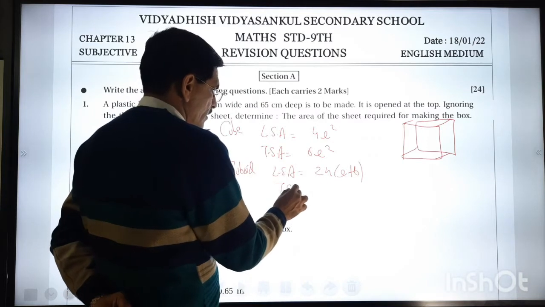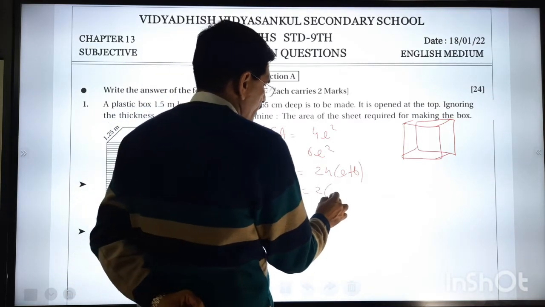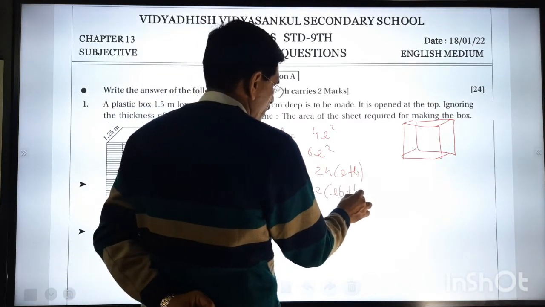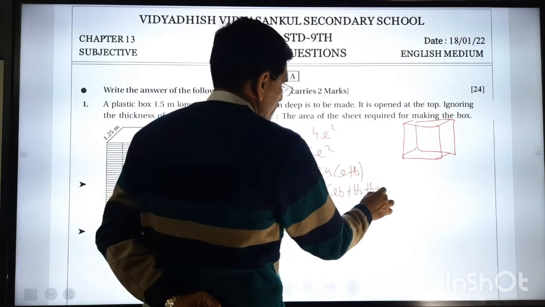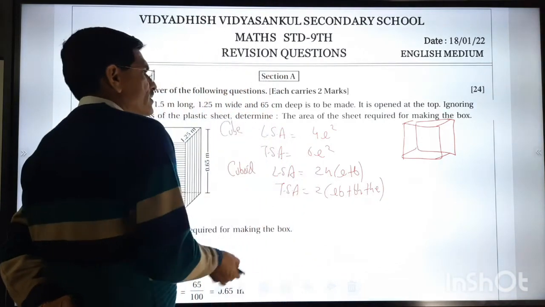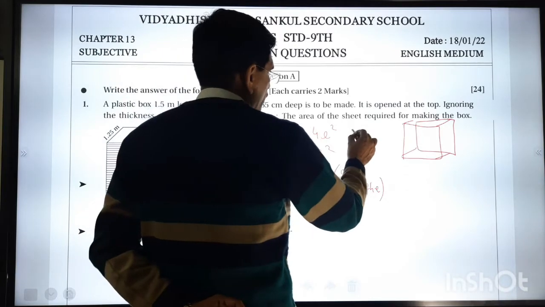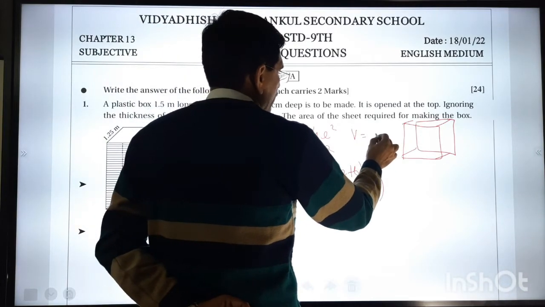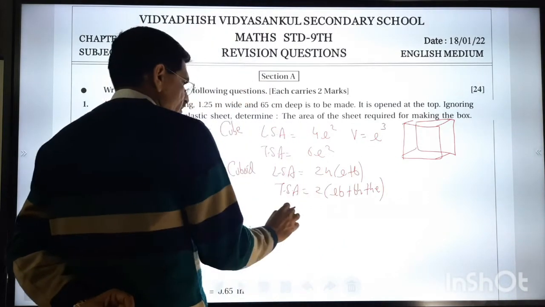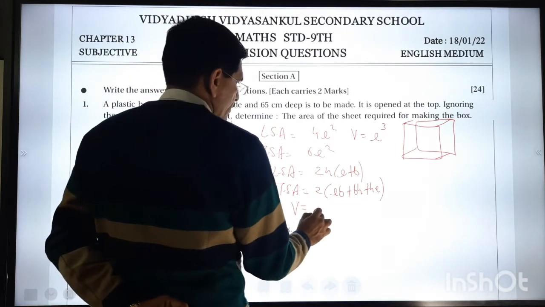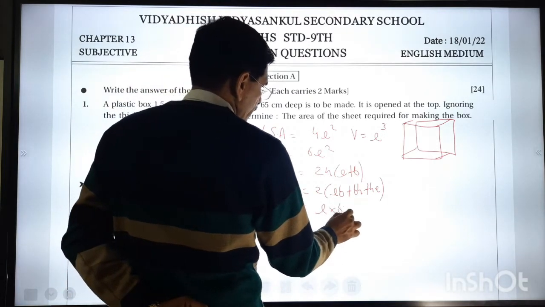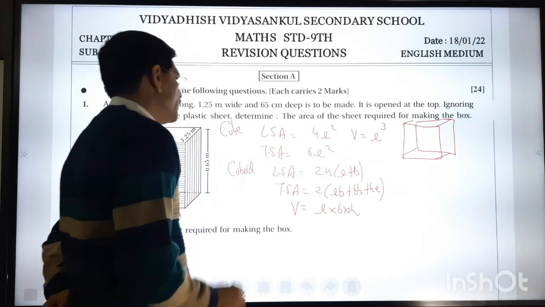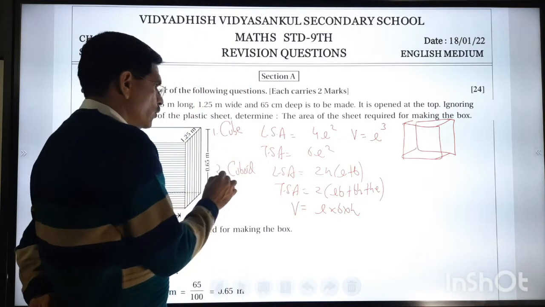TSA is 2 into bracket LB plus BH plus HL. Now the volume of cube is L cube. The volume of cuboid is L into B into H. So that is cube and cuboid.